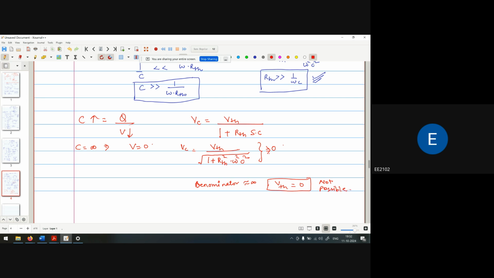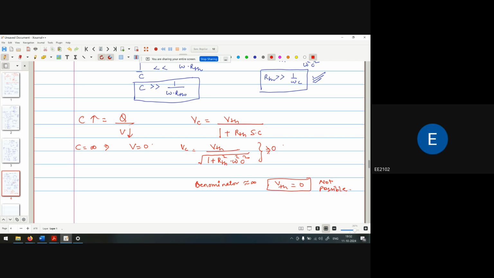So we have to set that the denominator should be very high, the higher value, not infinite. We can't set an infinite value, but a higher value. So if the denominator is higher, voltage is lesser. If voltage is lesser, capacitance is higher.